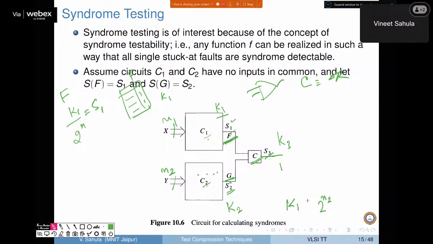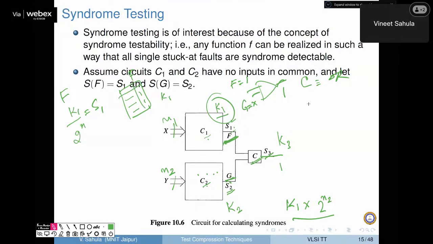K1 times. f is 1, K1 times. With each of those 1s in f, we can have g having any value. Still then, we'll get 1 here. If f is 1 and g is any don't care value, my OR output will be 1. That's what I'm counting here.